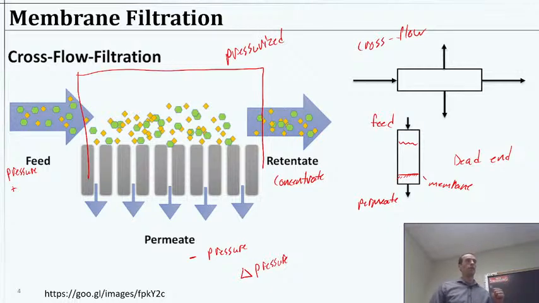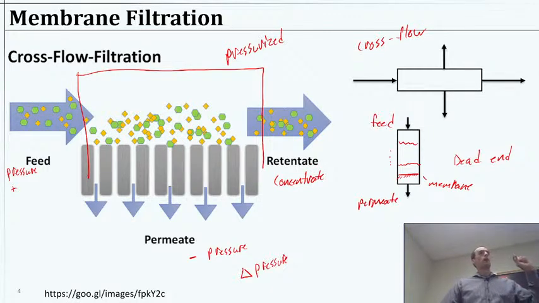In a dead-end filtration like this, what we could do is say this is before, and then a little bit later, maybe we have some particles in there. A little bit later, we have this remaining amount of water, and presumably whatever was rejected, the particles or cells or something, we've concentrated them, okay?